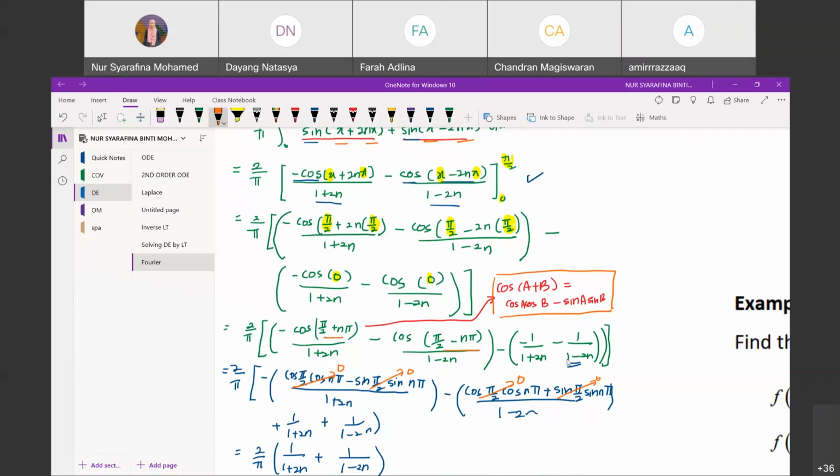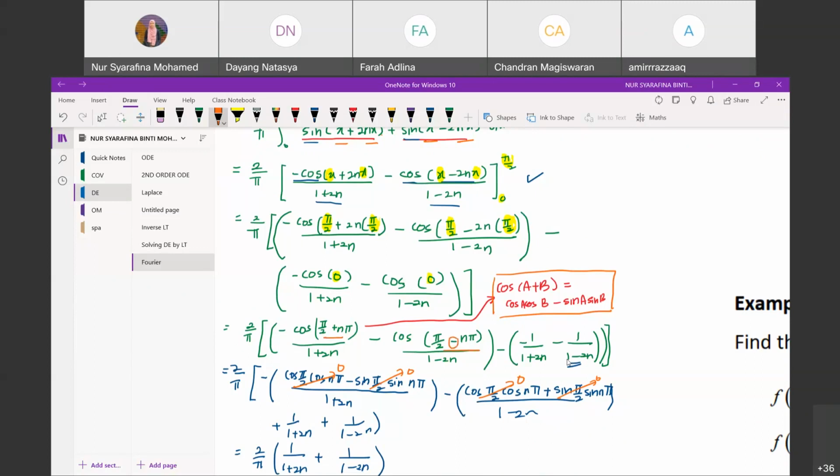Now it becomes cos pi over 2 cos n pi minus sin pi over 2 sin n pi, and then cos pi over 2 cos n pi plus sin pi over 2 sin n pi.